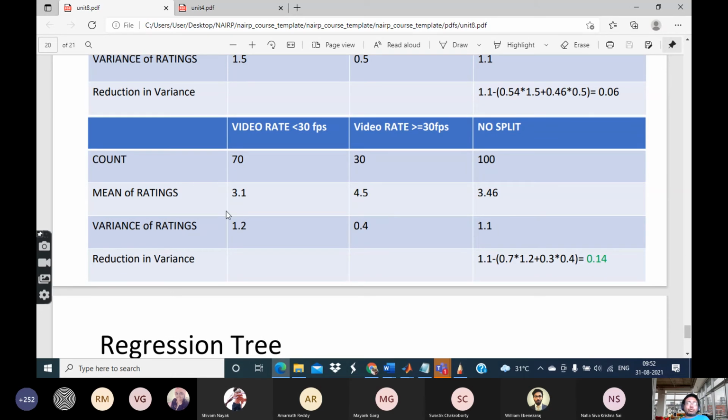So what do I have to do now? Split it further. I need not split these further, only these I may again try to split further. On what basis will I split this further?